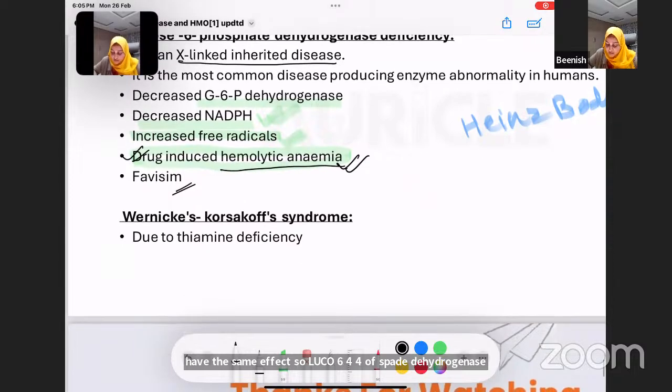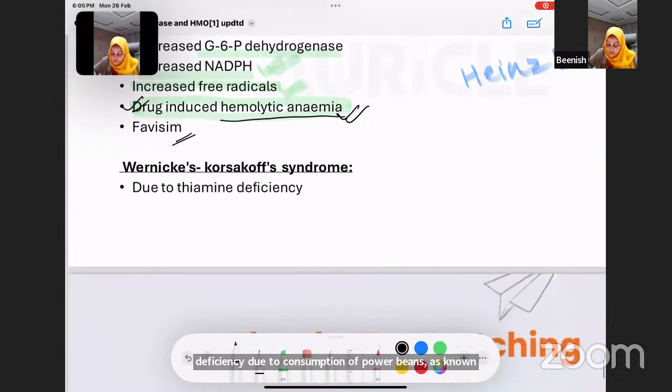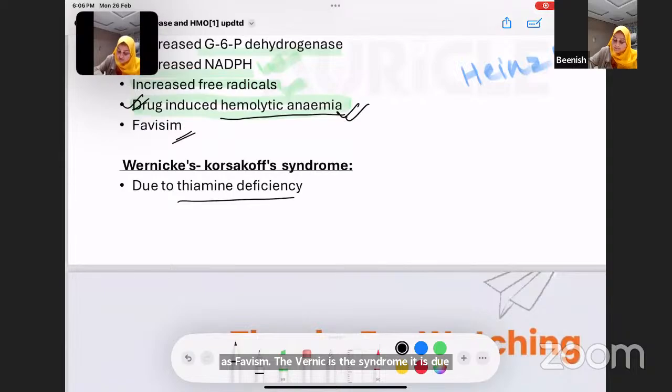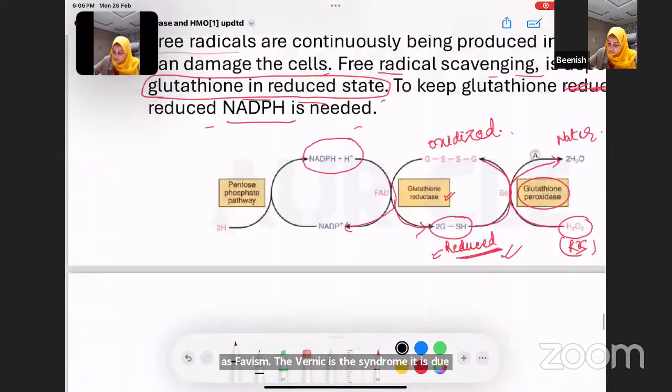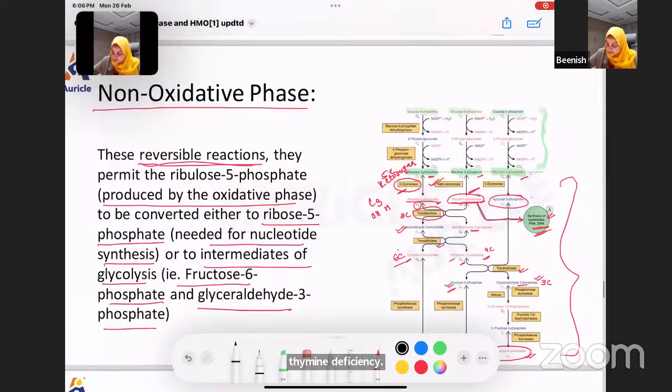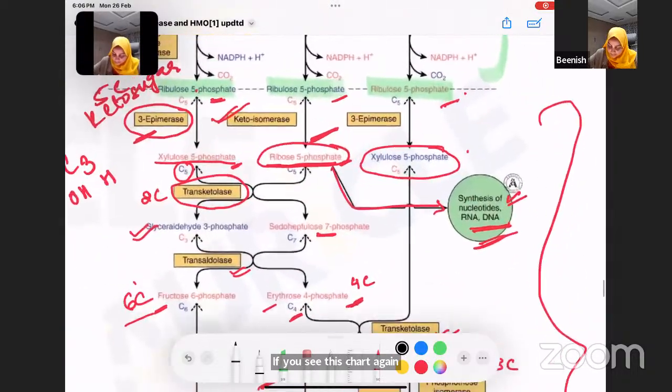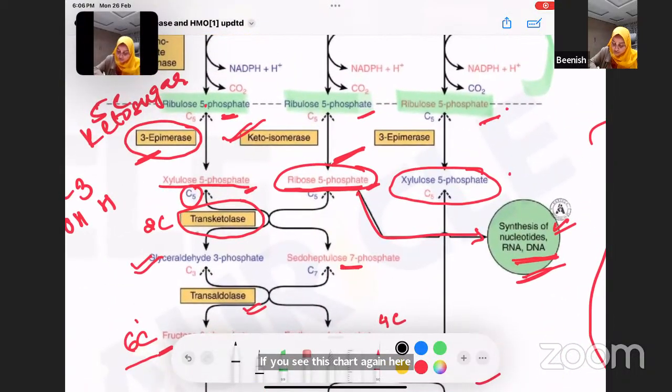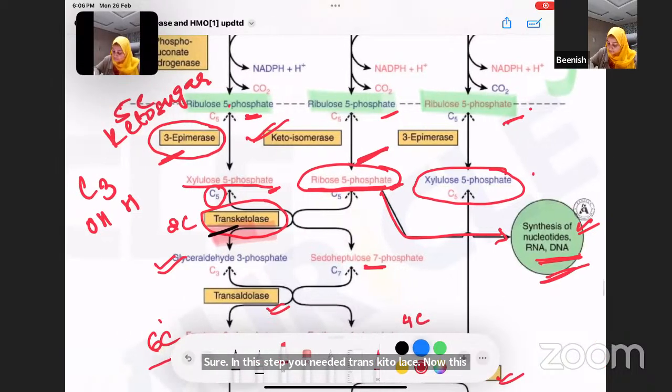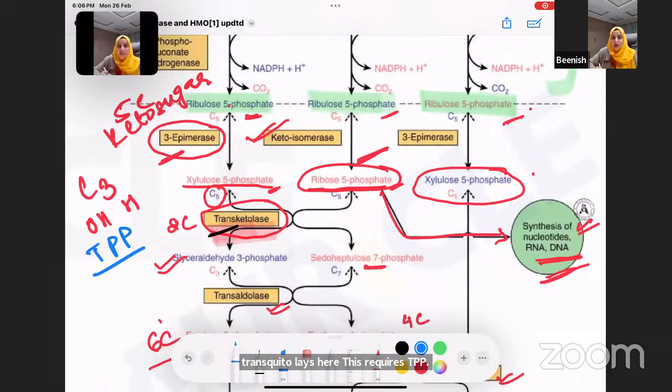Now, Wernicke-Korsakoff syndrome is due to thiamine deficiency. If you see this chart again, here in this step we needed transketolase. Now this transketolase requires TPP, thiamine pyrophosphate, as a coenzyme.